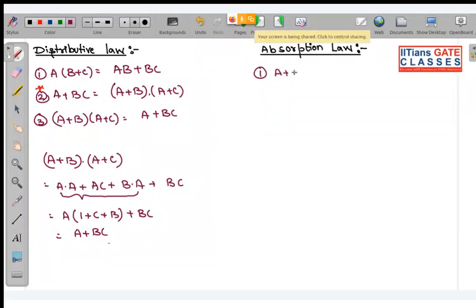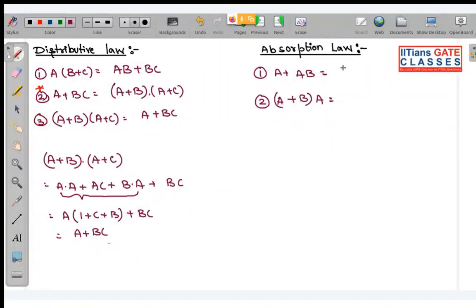The next is absorption law. What is happening? Even if you don't remember the name, whether this is distributive law or absorption law, it is okay. It's totally fine.